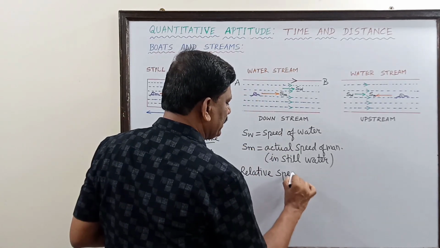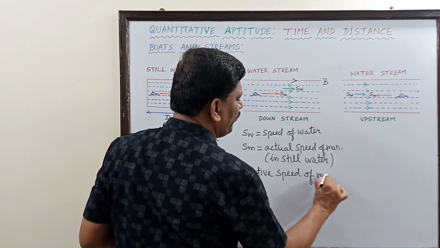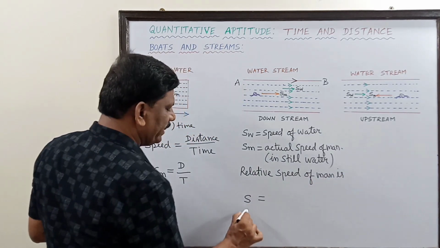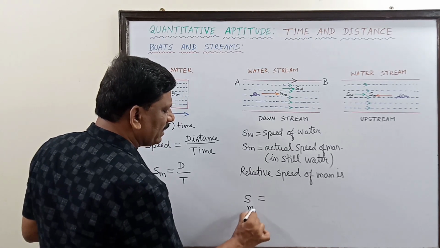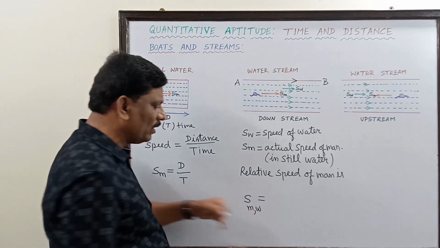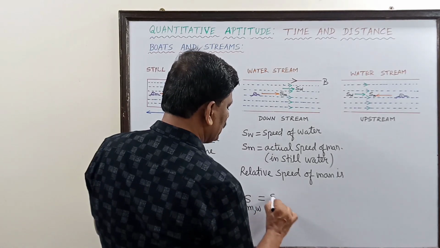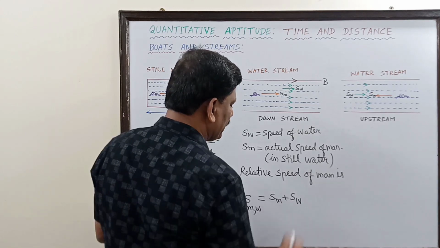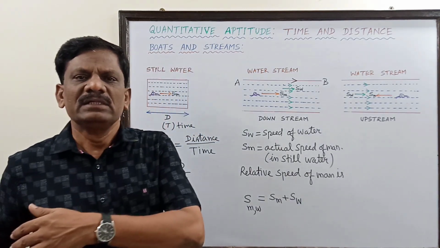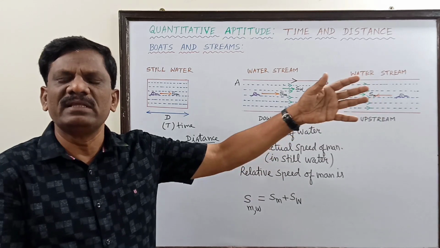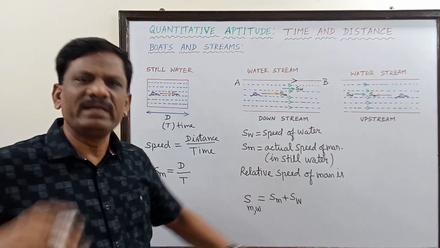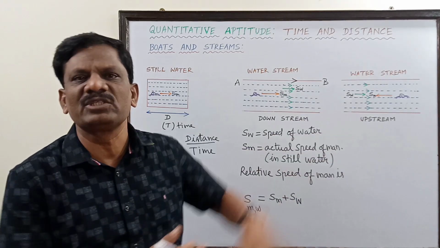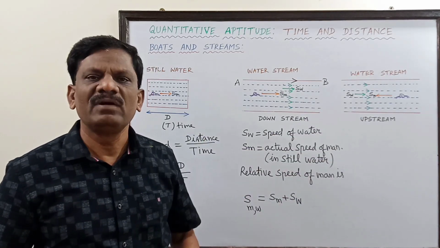So now we use the term relative speed of the man with respect to water. This is equal to the actual speed of the man plus the speed of water. Because if he doesn't swim, he is moving with the speed of the water. In addition to that, if he is swimming along the direction of the water, his speed will be added to the speed of water.